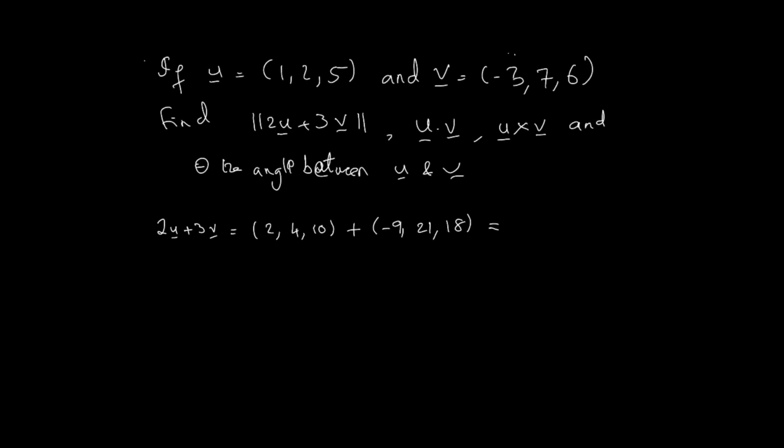That turns out to be equal to minus 7, 25, and 28. Now, we want the norm of that, so this implies that the norm of 2u plus 3v, and you could have single lines as well, is the norm of minus 7, 25, and 28.